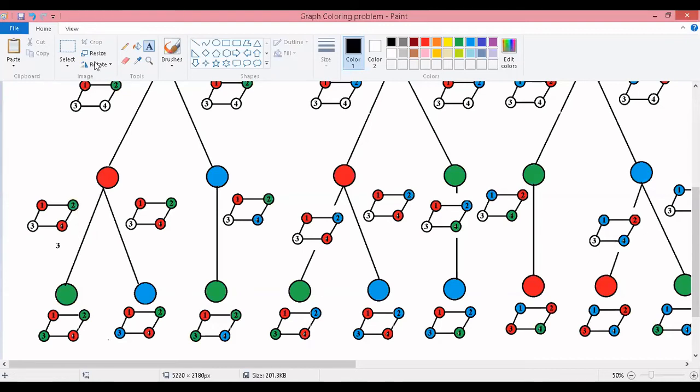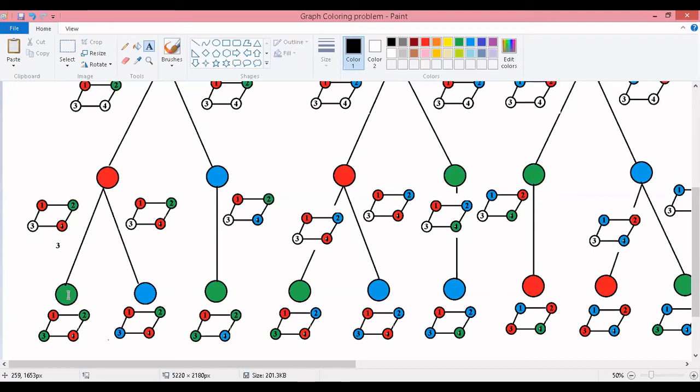One more time I will tell. At the bottom left corner, there is one node with green color. We have already colored it with green. On top of that node, a red color node is there.